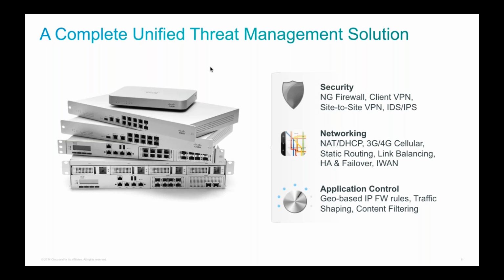Routing, automatic load balancing, automatic failover with high availability, our IWAN functionality, which I'm not going to get too heavy into today, just in the interest of time, but basically allows you to leverage SD-WAN or software-defined WAN capabilities natively on the MX. So instead of having to get a software-defined WAN solution to create robust, simple connectivity between satellite campuses, for instance, you can do all of that automatically, natively in the MX.